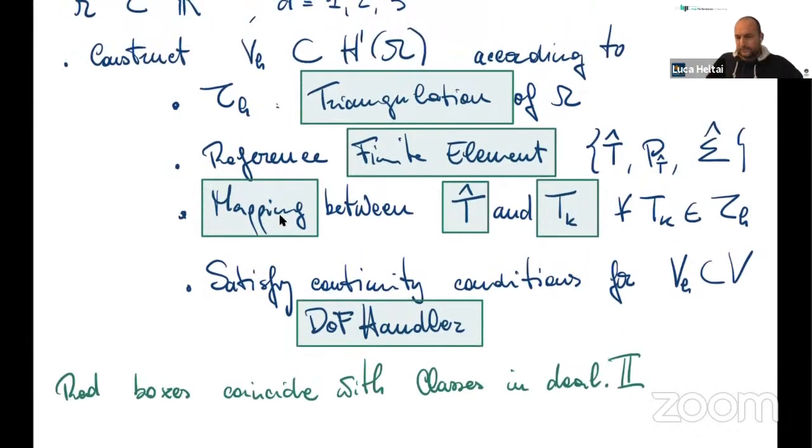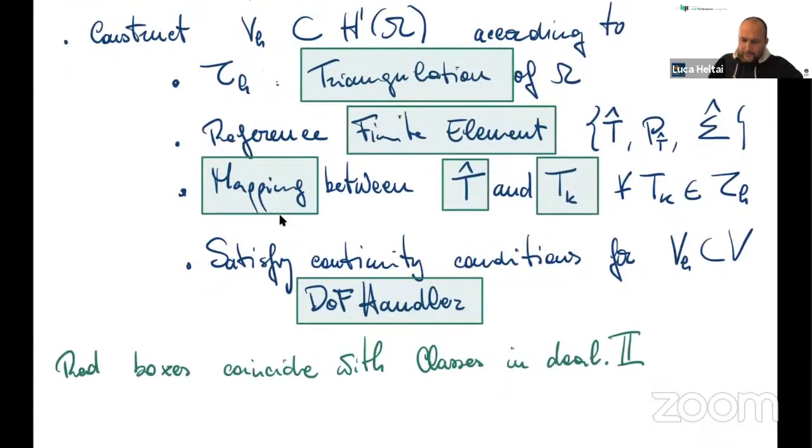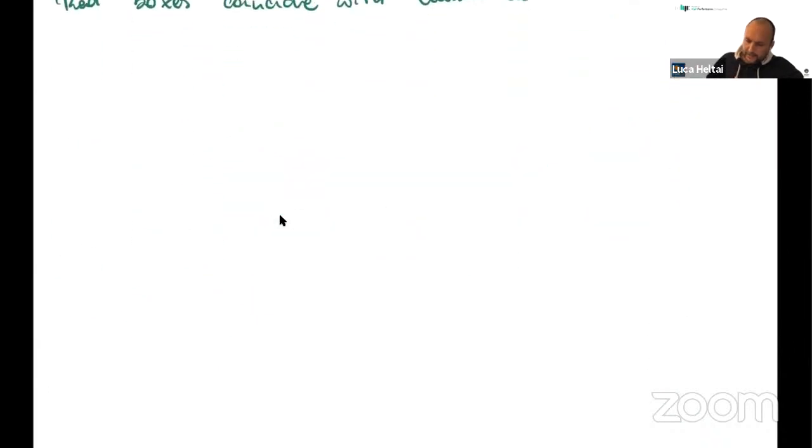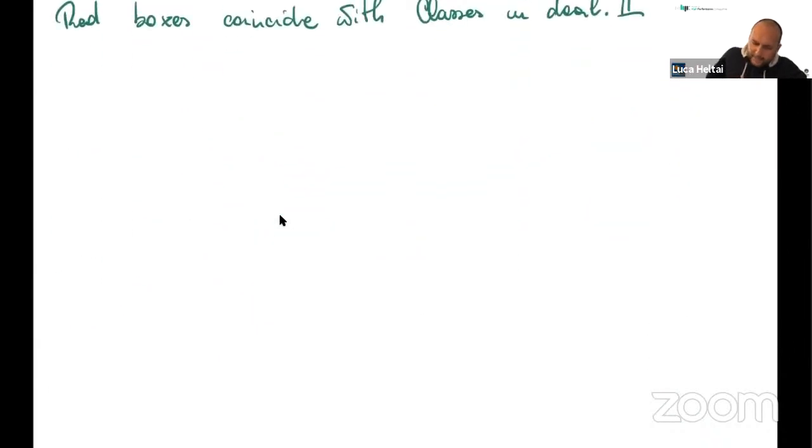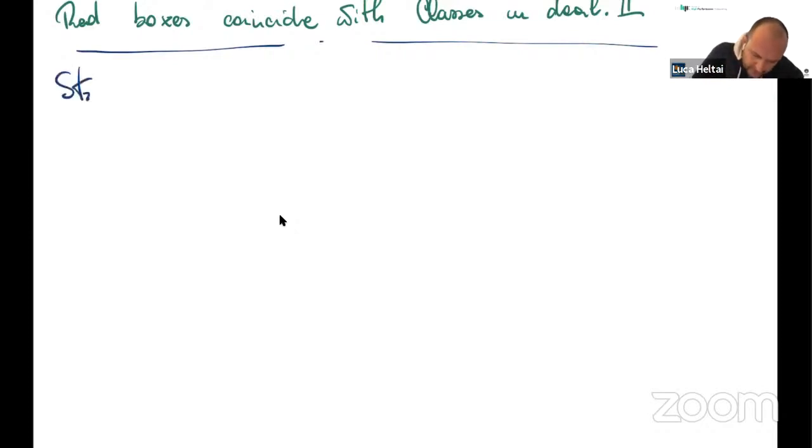Okay, so let's make a very short recap of what a reference finite element is. The reference finite element doesn't specify how to construct a global finite element. So we have to understand how we construct it and why we construct it in this way. So start with the reference element. What we said is the following: start with T hat.